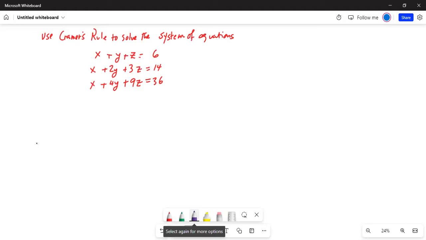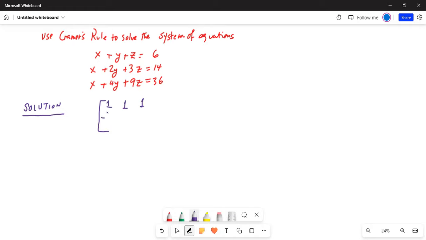This whole thing can be written as: the coefficient of x in the first equation is 1, the coefficient of y in the first equation is 1, and the coefficient of z in the first equation is 1 also.